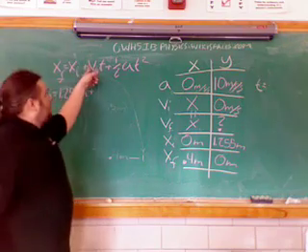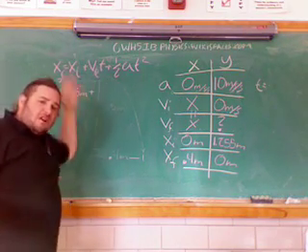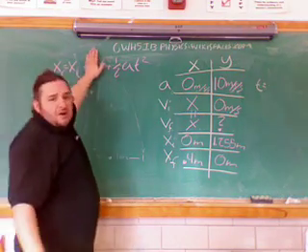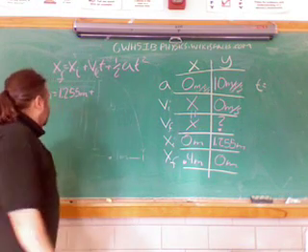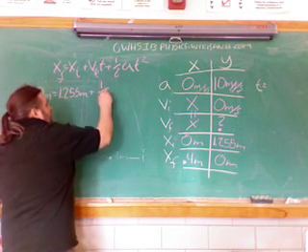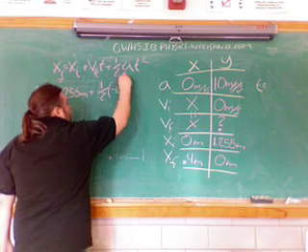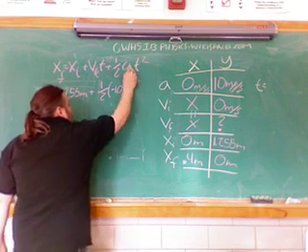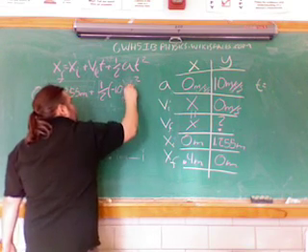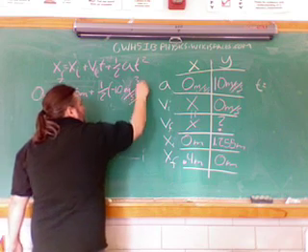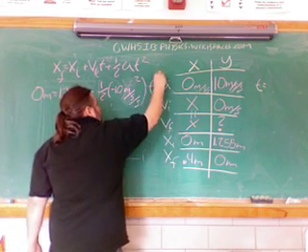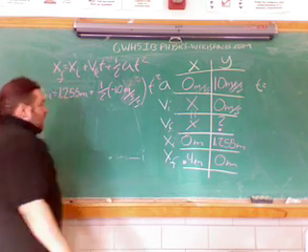Plus 1/2 times negative 10 t squared. Oh, don't forget my units. Meters per second squared, t squared. Okay? I'm going to move this term over, and then I'm going to multiply this 1/2 to this negative 10.